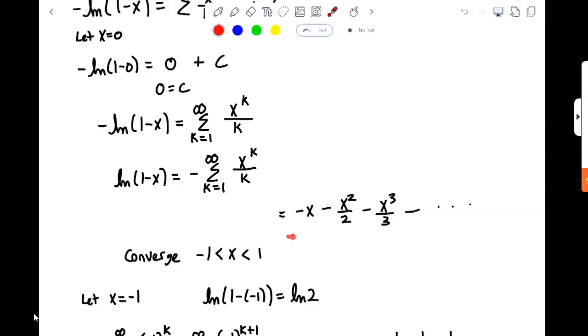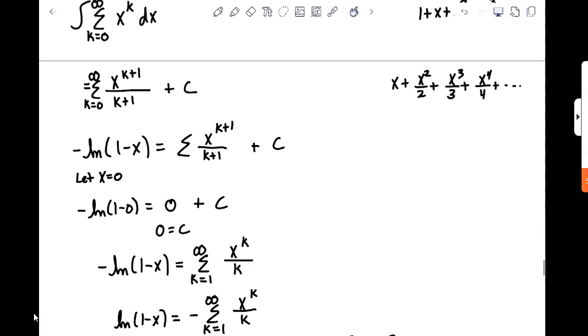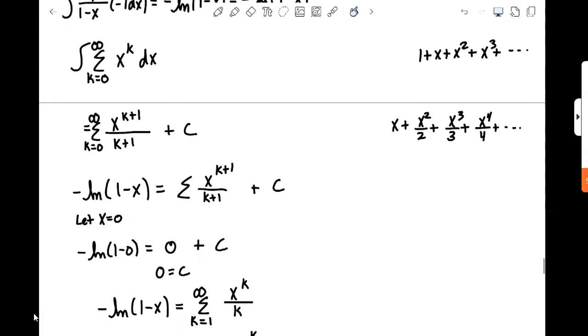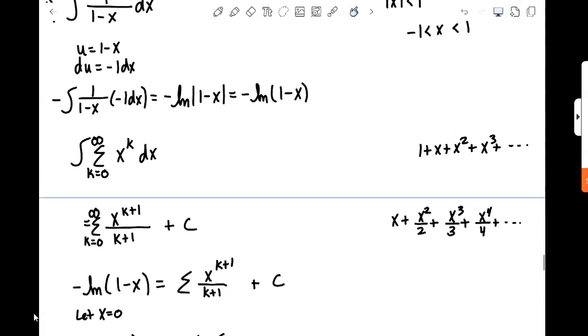That series, though, was centered around x equals 0, because that originally had come from the series 1 over 1 minus x that we had integrated, because that was our geometric series.